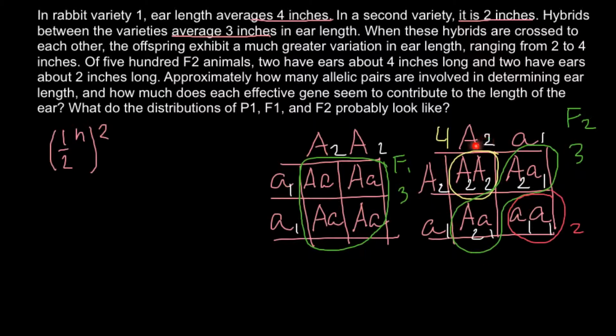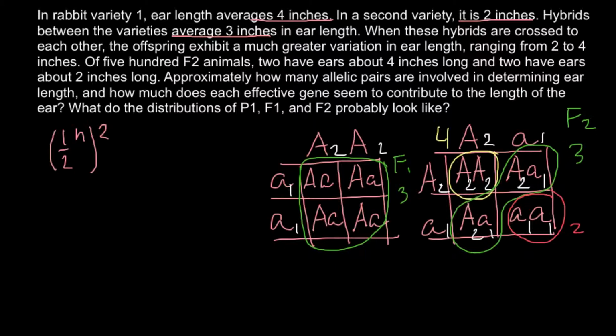And this is how many different genotypes we are going to see here. In the F2 generation we have ear lengths that range between 2 and 4, and out of 500 animals, 2 have ears about 4 inches long and 2 have ears about 2 inches long.